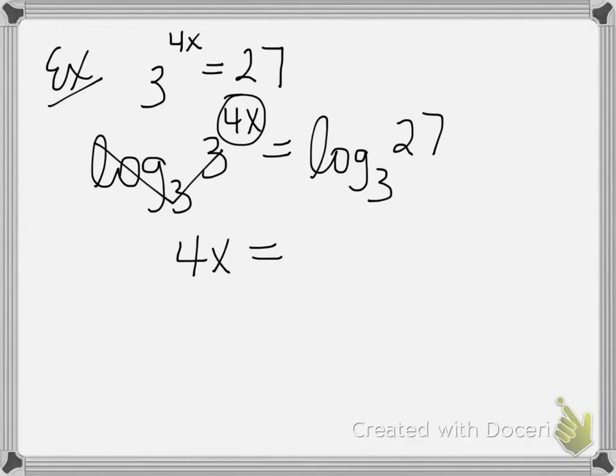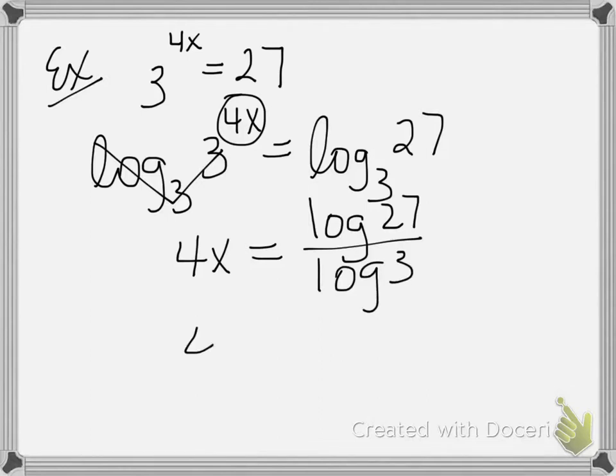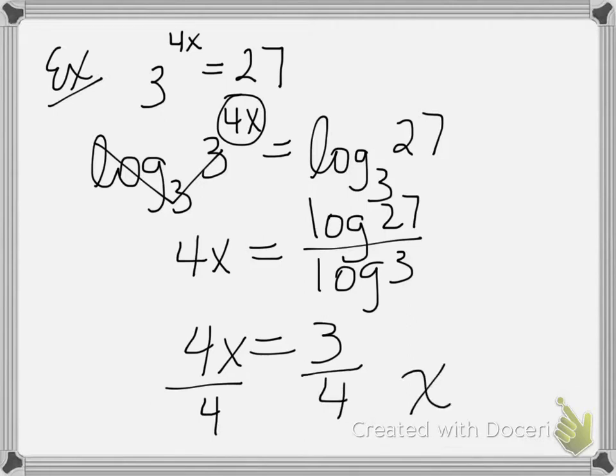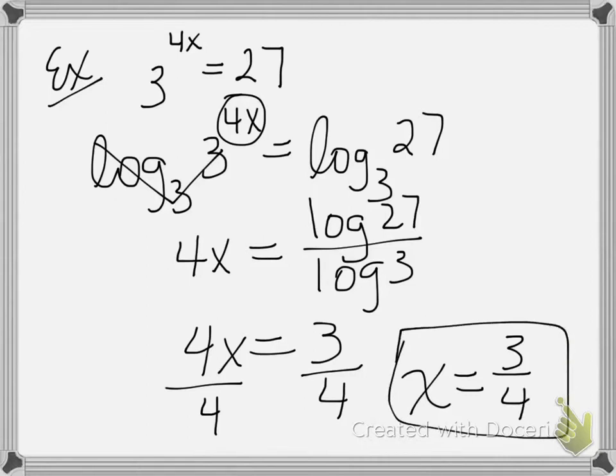And log base 3 of 27 we're going to rewrite as log 27 divided by log 3. So 4x equals, I'm going to put log 27 divided by log 3 into the calculator, and it turns out to just be 3. So divide both sides by 4, and your solution, x equals 3 over 4. Just like that.